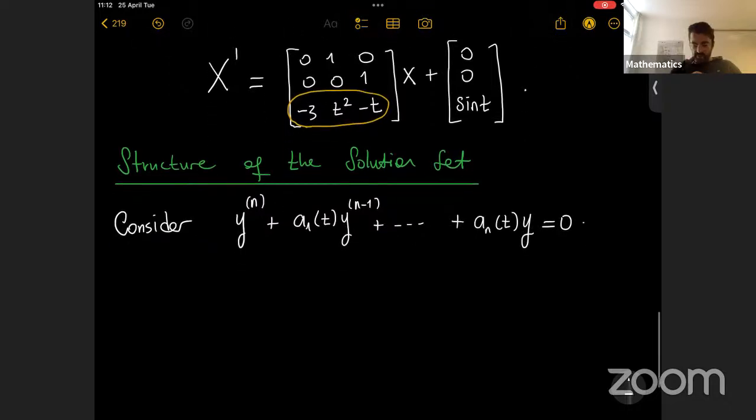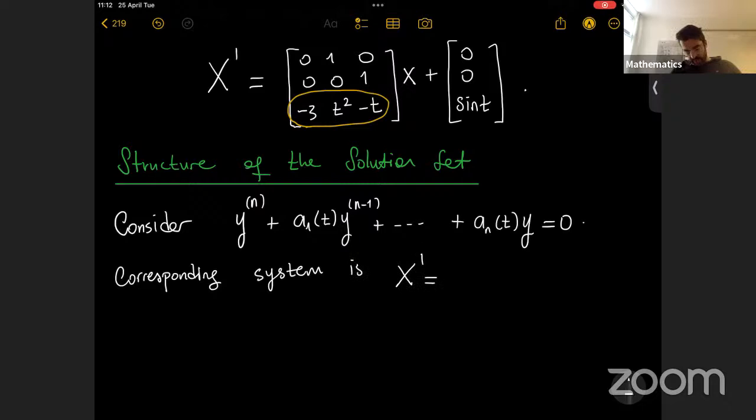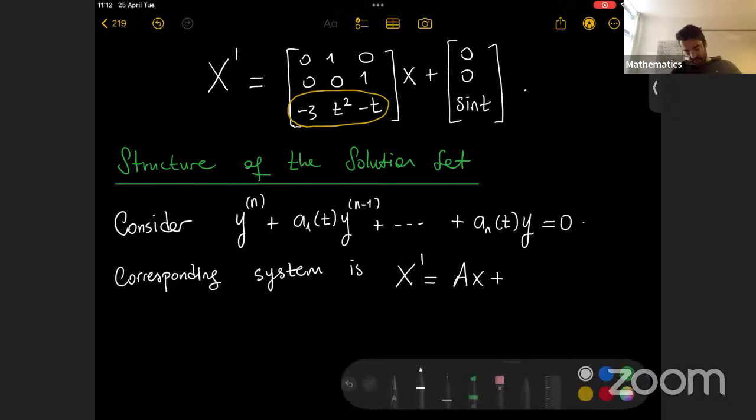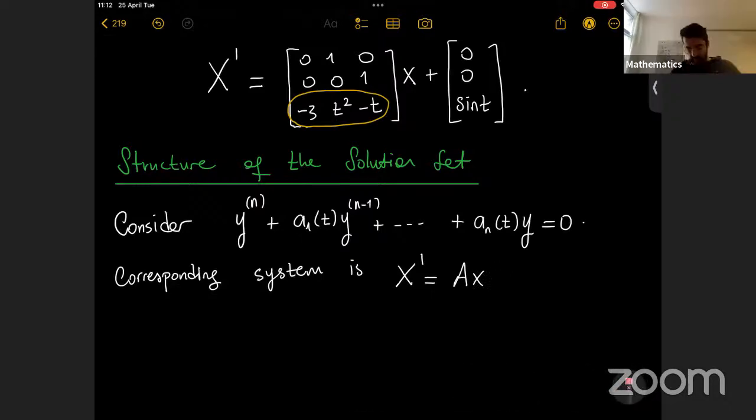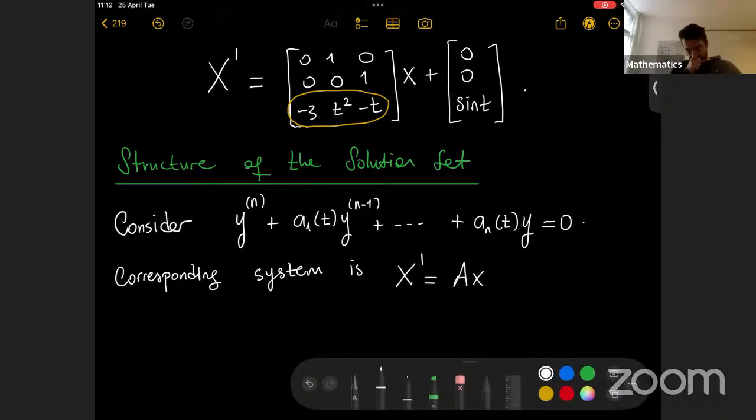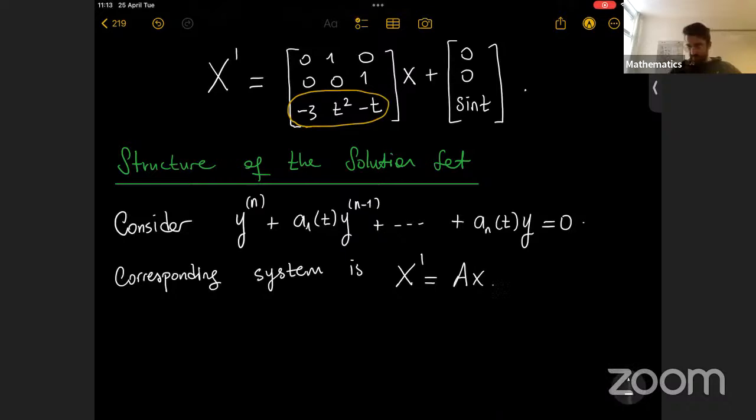And this corresponds to the corresponding system, like in the previous example, something like this. X prime is equal to Ax, well, it's a homogeneous system, so let's talk about homogeneous first. X prime is equal to Ax, right? Here A is, you know how to construct A now, but that's not important here.